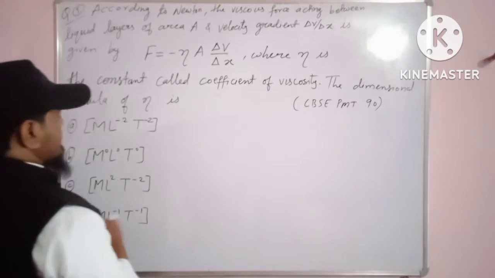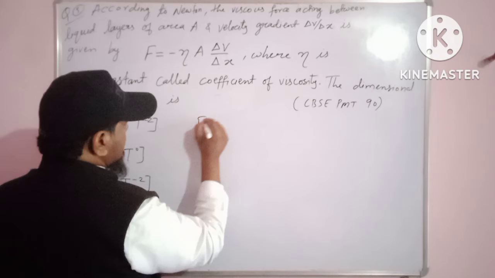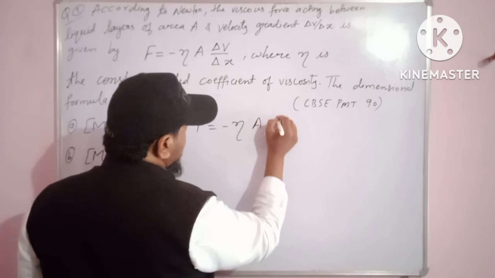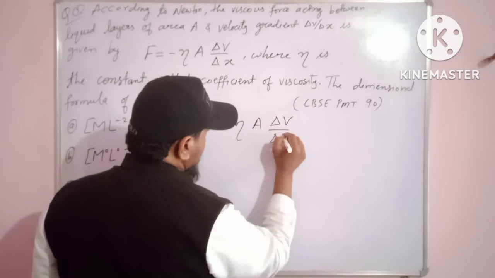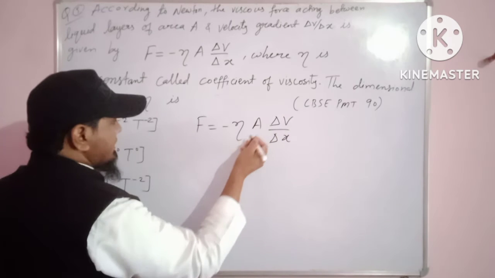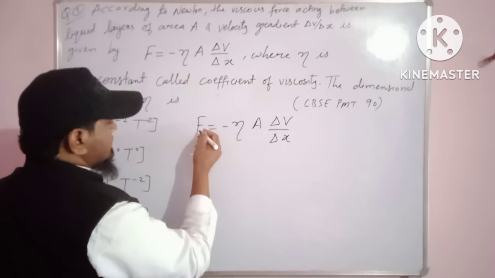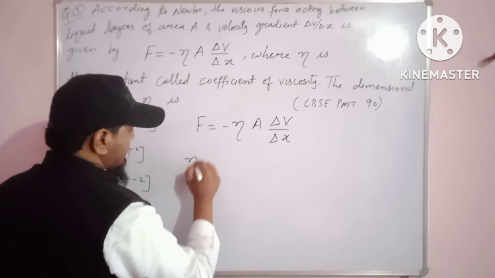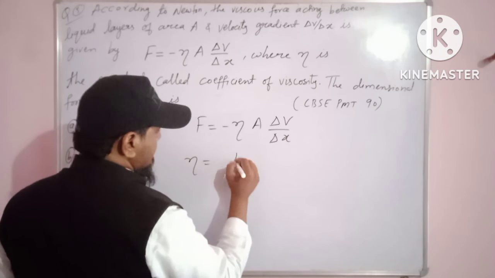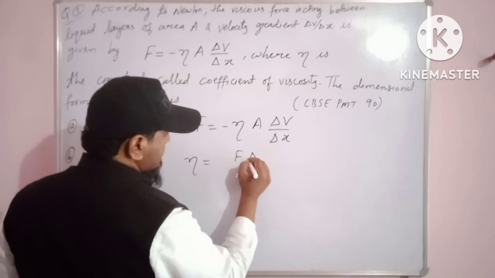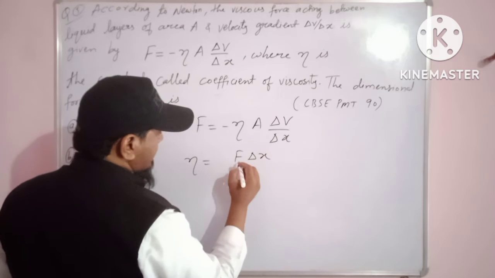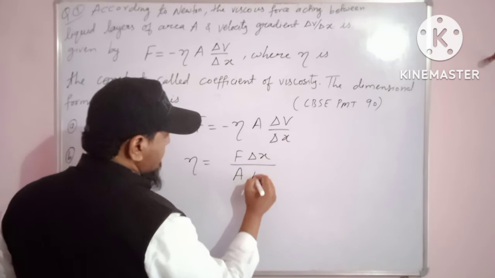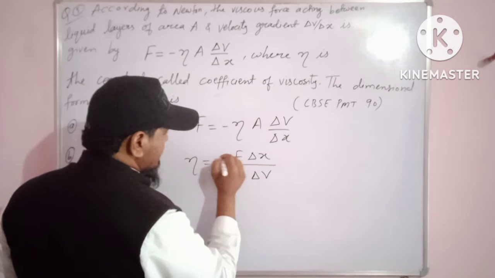From the formula they have given, force is equal to minus eta A delta V upon delta x. Delta V upon delta x is velocity gradient, A is the area and F is the force. So from this equation eta is equal to F into delta x upon A and delta V in the denominator, with a minus sign.